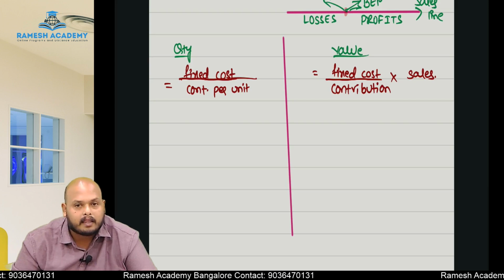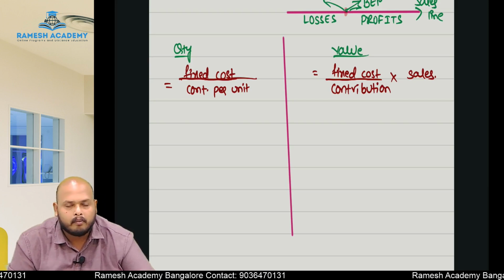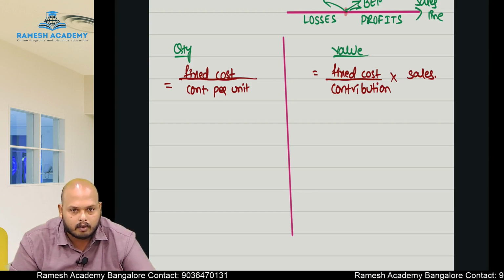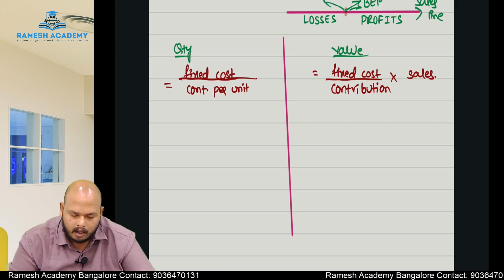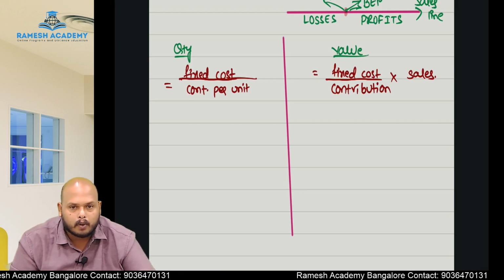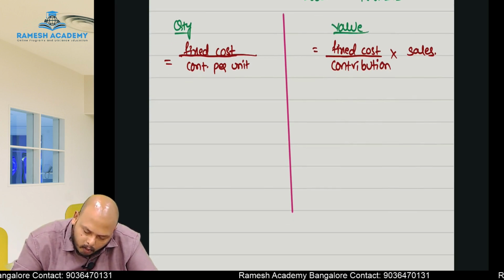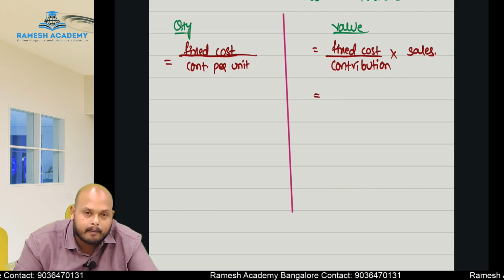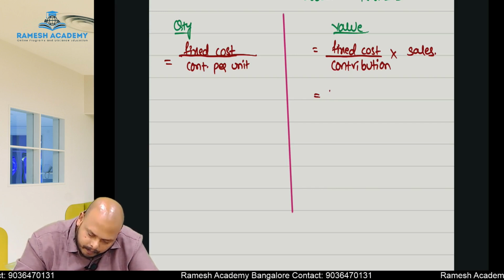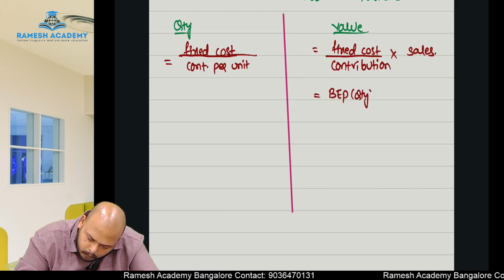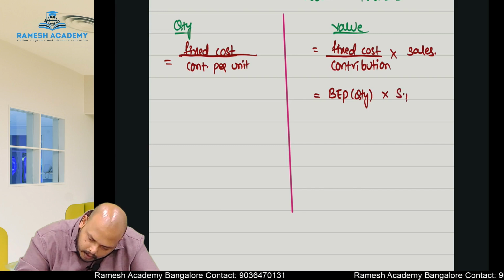Again, here mathematics permits us to derive more formulas. Fixed cost by contribution per unit is the base formula. By using this, we can derive more formulas. We can write break-even point value is equal to break-even point quantity into selling price per unit.